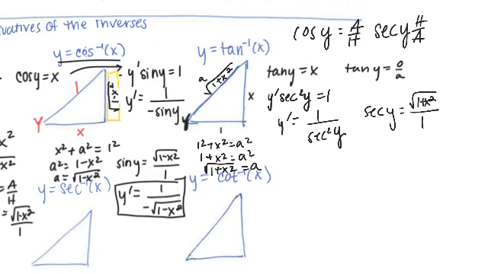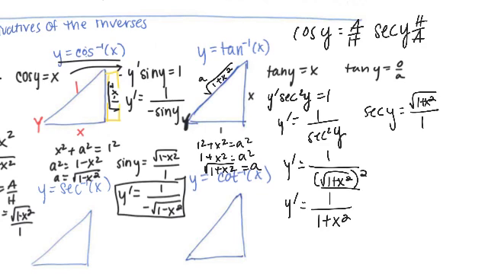Okay. And so I'm going to put this in the denominator. So that's just 1 plus x squared. So I've got 1 over 1 plus x squared, squared because we're squaring secant. So y prime equals 1 over 1 plus x squared. So that is the derivative of tangent inverse of x.